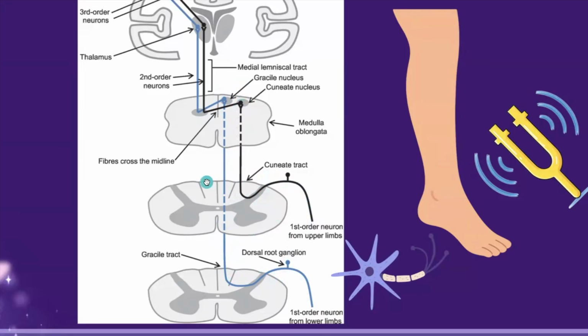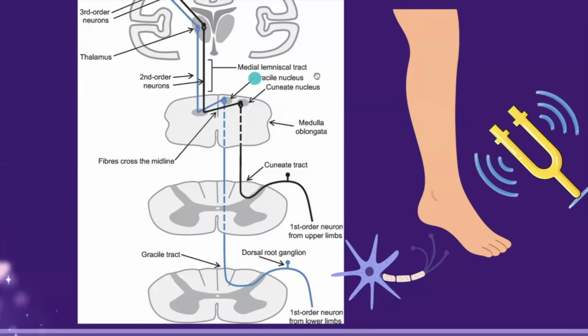So back to where the axons of the first order cell body go at the level of the medulla, specifically where? In the gracile nucleus. My internet connection is unstable, I hope I didn't lag. But I was saying that the axons of the first order neurons go all the way up to synapse with the cell body of the second order neurons at the level of the medulla.